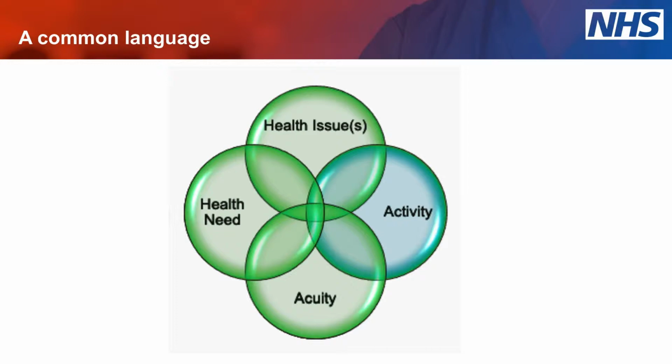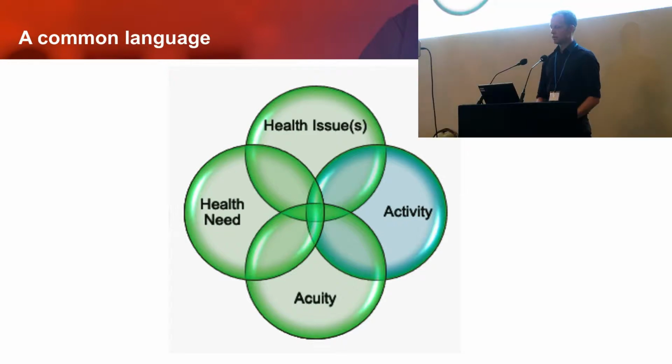One further point is around common language. So whether it's in urgent care or elsewhere, there's a range of tools being used to support clinicians in figuring out what's wrong with a patient, generally described as a disposition. And to enable some of those flows, we need to figure out a way of describing those dispositions in a canonical way.